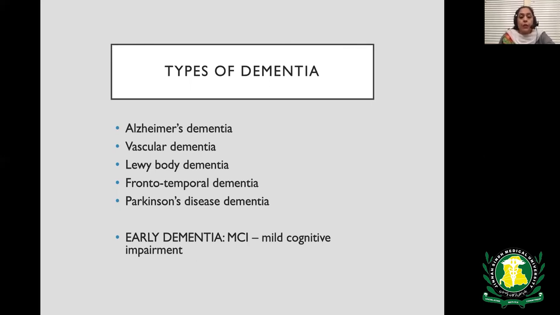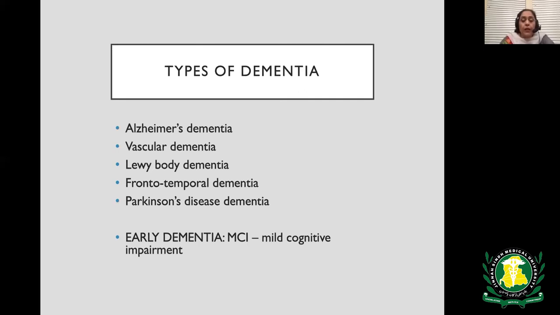Behavior symptoms and language being affected are the main features of this kind of dementia. In Parkinson's disease dementia, the onset is by the Parkinson's disease, and later, maybe in 10 to 15 years, the symptoms of dementia appear.